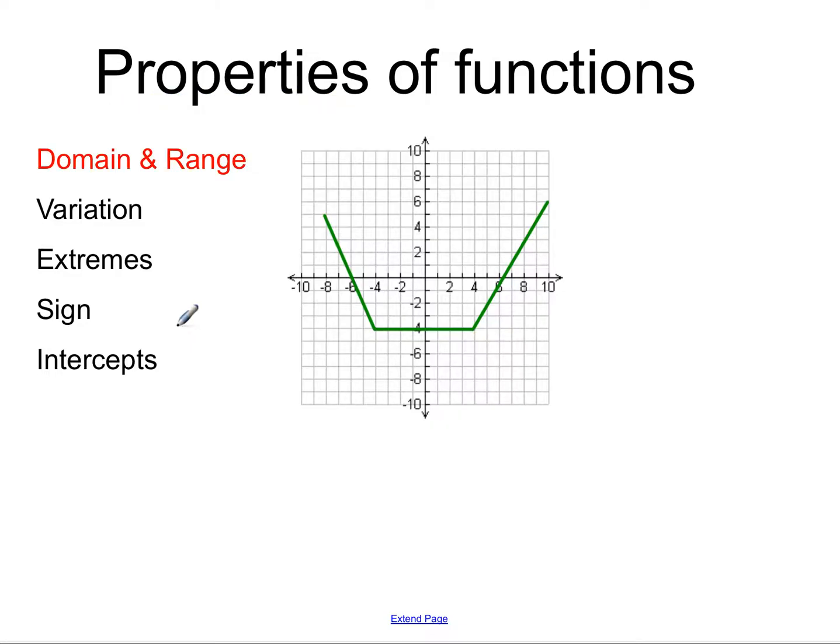So, domain and range. Domain encompasses all x values, so all independent variables, or values, I should say. Now, this is an interval, so we're going to use square brackets. So the first value, it goes from here to here, right?